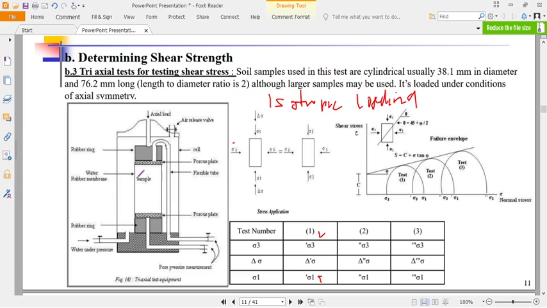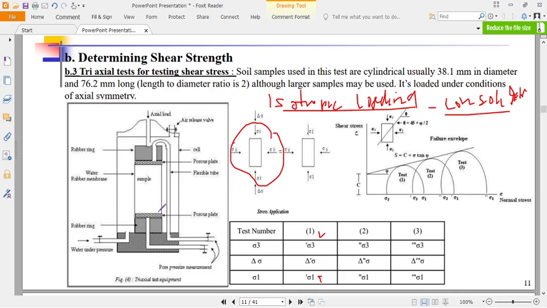Now when this stress is applied, a material either can be allowed to drain. When there is free drainage, then that is called consolidation. Consolidation, is that okay? Consolidation is the condition under which there is reduction in the volume of the sample by expulsion of water.